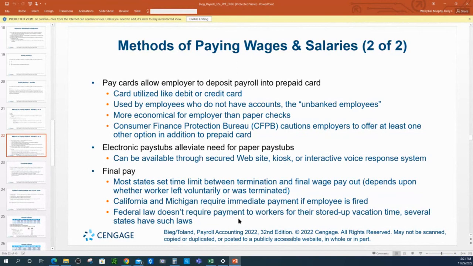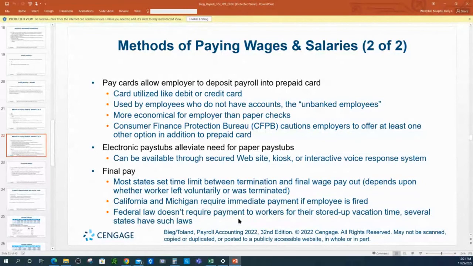This is becoming a more popular way of paying, at least it was for a little while, paying through pay cards, especially fast food restaurants, is where I've heard of it being utilized the most. This is mainly for those employees who don't have bank accounts, and there are a lot of people who don't have bank accounts.